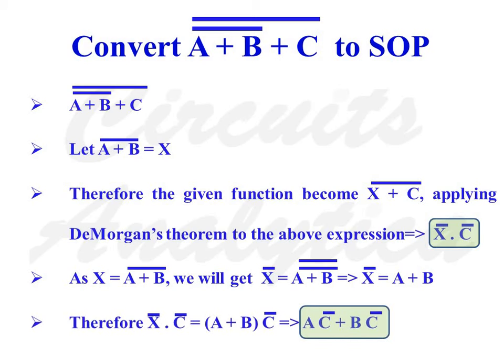Therefore, x bar and c bar is equal to (a + b) into c bar. So opening the brackets, we will get ac bar + bc bar. This is the sum of the product expression, which consists of two products ac bar and bc bar.